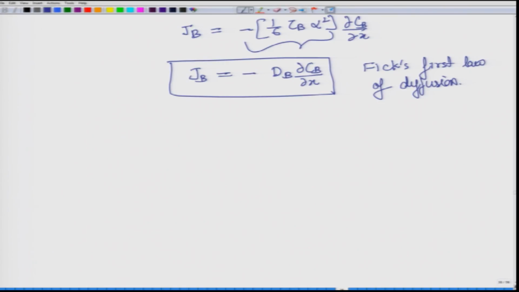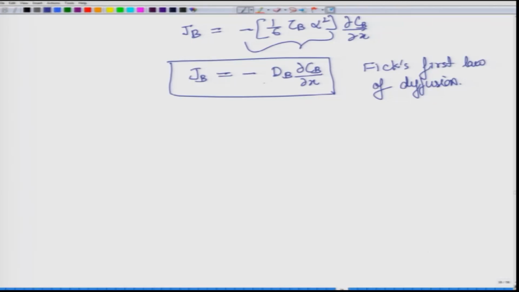So, the phenomenon of diffusion can be represented by this equation, the flux of atoms, in this particular case in one direction. So, this flux of atoms can be given by Jb equal to minus Db del Cb by del x.